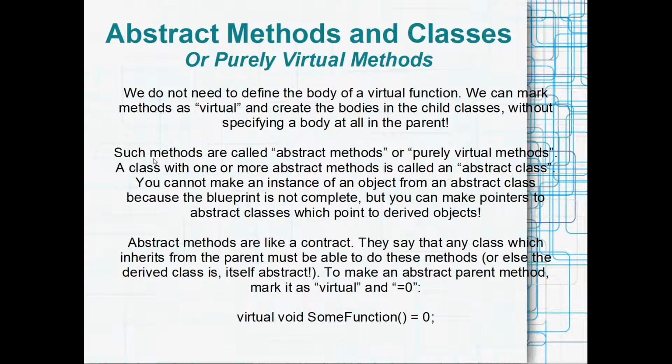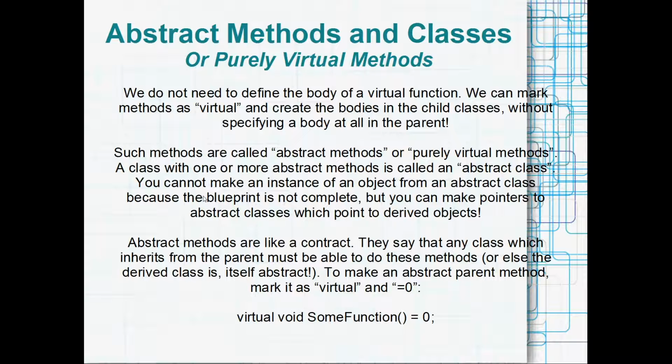So these purely virtual methods or abstract methods, these methods with no body in the parent class, are really, really useful. Any class that's got one or more of these purely virtual methods, the class itself is called abstract. It's an abstract class, and you can't make an instance of an object from an abstract class because the blueprint is pretty much incomplete.